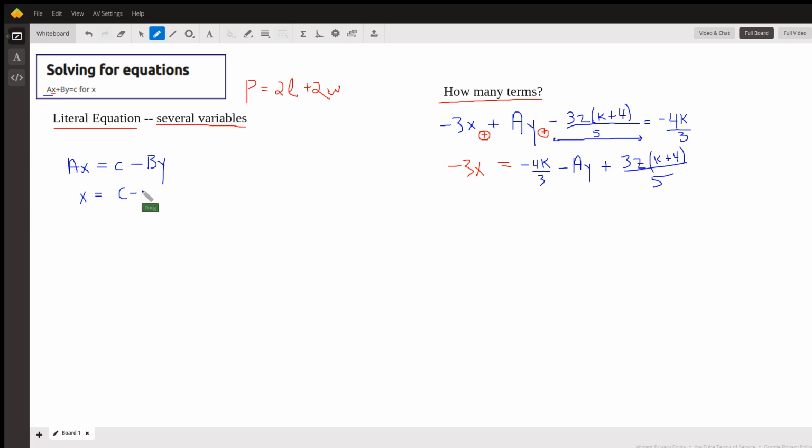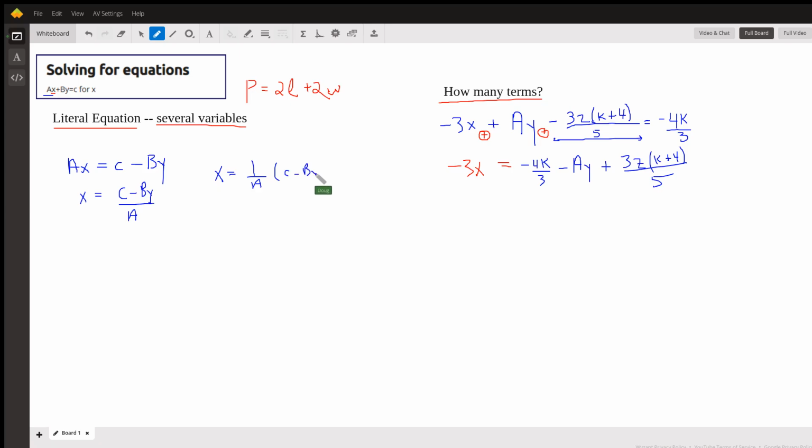C minus by all over a. Okay. And instead of saying I'm going to divide by a, you could also say I'm going to multiply by the reciprocal of a. So you could also write it like this. The reciprocal of a is 1 over a.